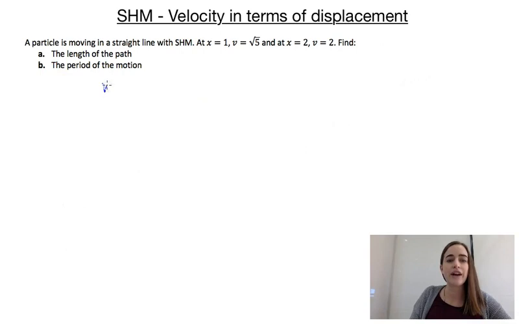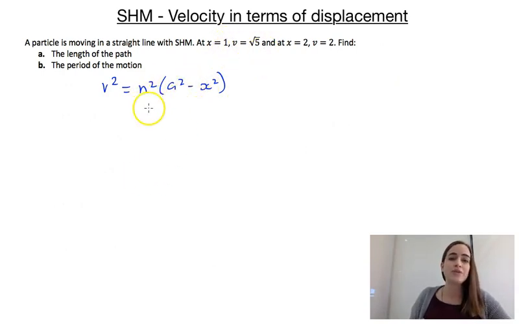We're going to use the fact that v squared equals n squared outside of a squared minus x squared. And just keep in mind that this a is going to tell us its maximum displacement from the equilibrium point. And the n is what's going to help us figure out our period, because the period is always 2 pi divided by n.